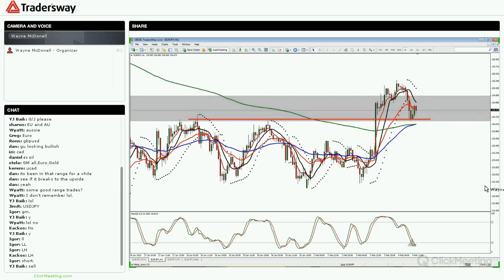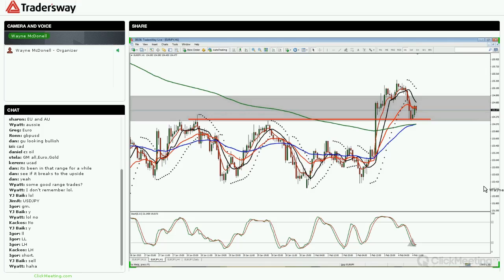What do you think? It's euro though, isn't it? Does that eat away at you? Like you look at that and you think, man, I'd like to buy that.